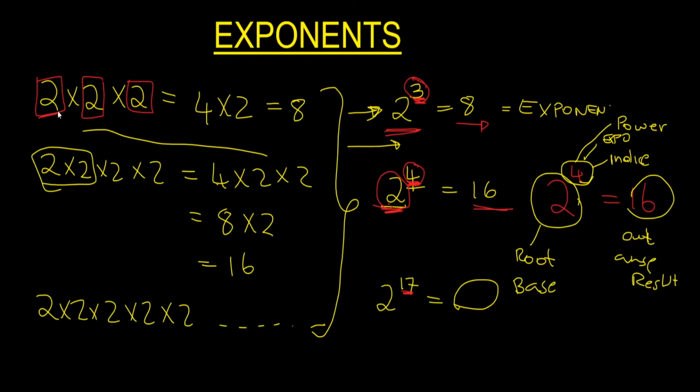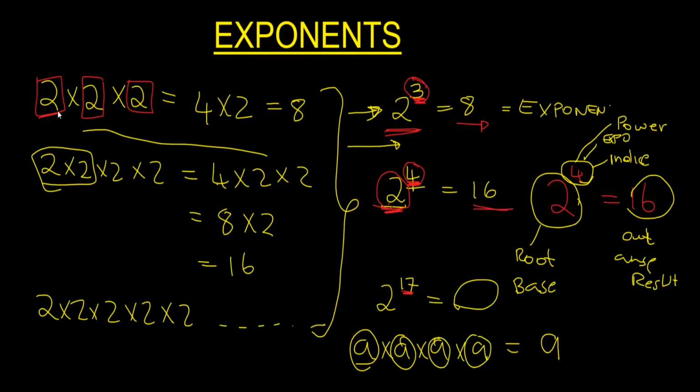So that is what exponents are. It's how many times you multiply a number, which is called a root or a base, to get an answer. It doesn't change even if you have variables like a times a times a times a. You're still going to have a to the power how many times you multiplied a.